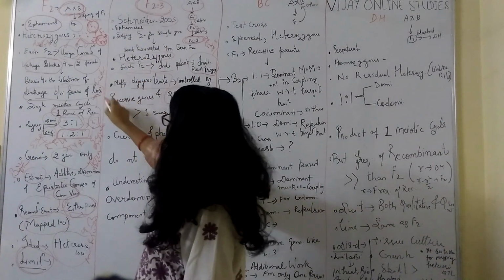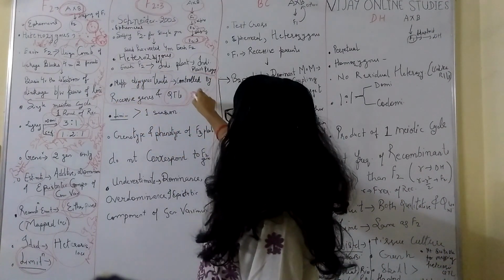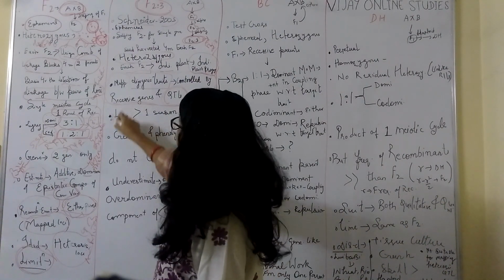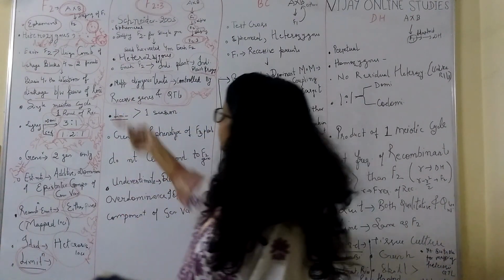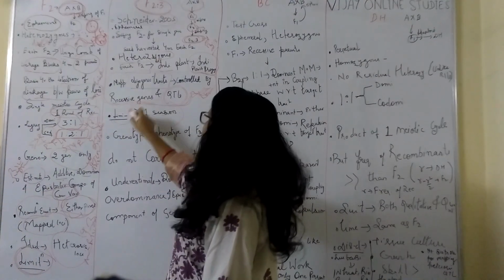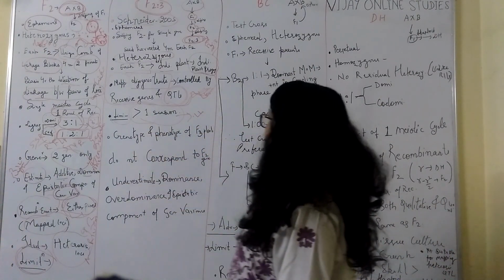If someone asks you why you need F2 derived F3 when it is similar to F2, then this is its advantage. And what is the disadvantage over F2? The disadvantage is that F2 you get in one season, minimum time. Here you need one more season. More time, this is the limitation.